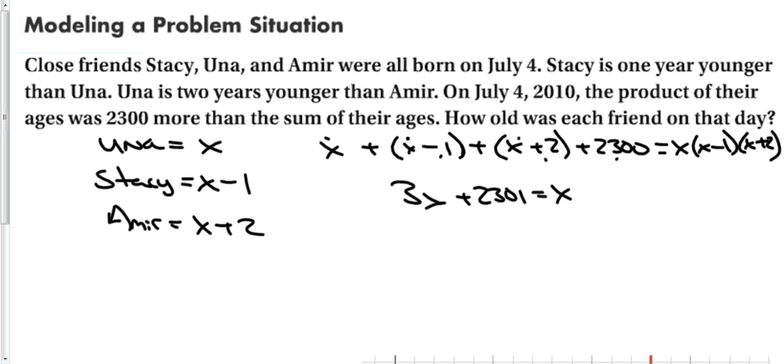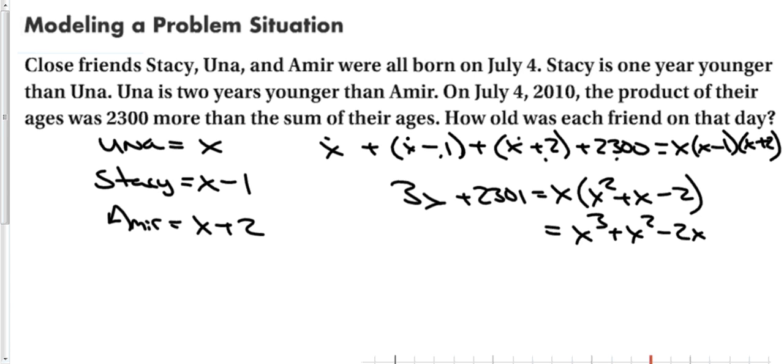Multiplying those together, let's multiply the two binomials first. That's x squared plus x minus 2. Multiplying by x gives me x to the third plus x squared minus 2x. And when I add 2x to both sides, or actually, let's do it this way.